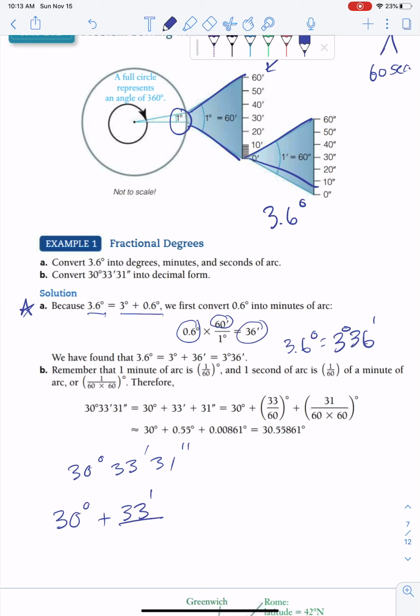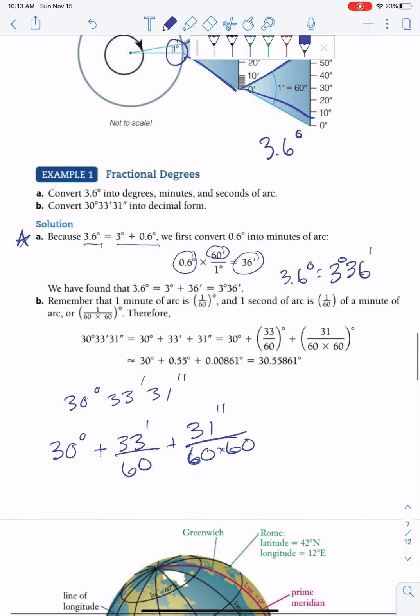So instead of multiplying by 60, which is how I turned it into minutes, I've got to divide by 60. And then I'm going to add my 31 seconds. The way I turned it into seconds was by multiplying by 60, multiplying by 60. So this time I've got to divide by 60 times 60 instead of multiplying by 60 times 60.